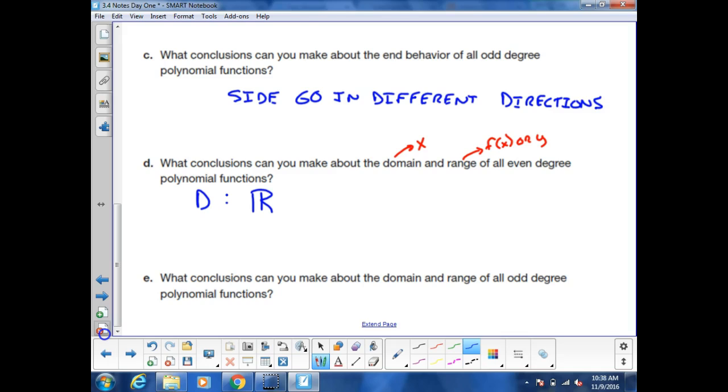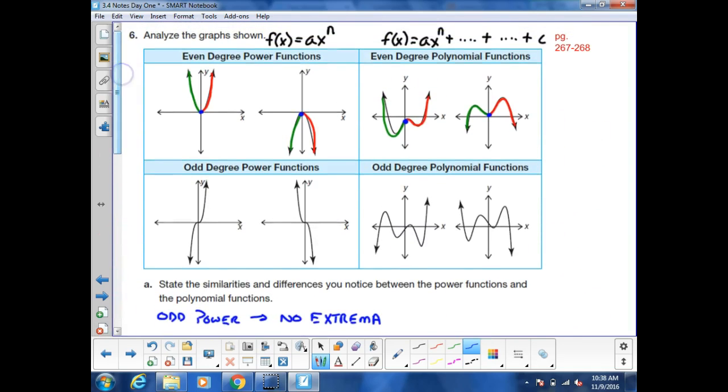The range is a little trickier because the function has to end up going in the same direction. The range is restricted by the function. So let me go back up here. On this one, the range would be y is greater than or equal to 0-ish.